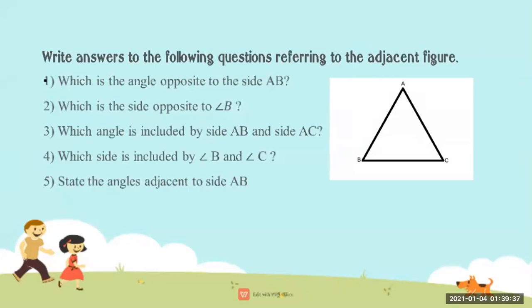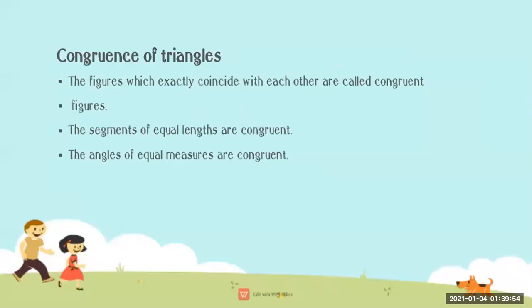Okay. Now here we have just done some sums regarding the opposite and adjacent side. Now there are some points which you are going to understand regarding the congruence of triangle.